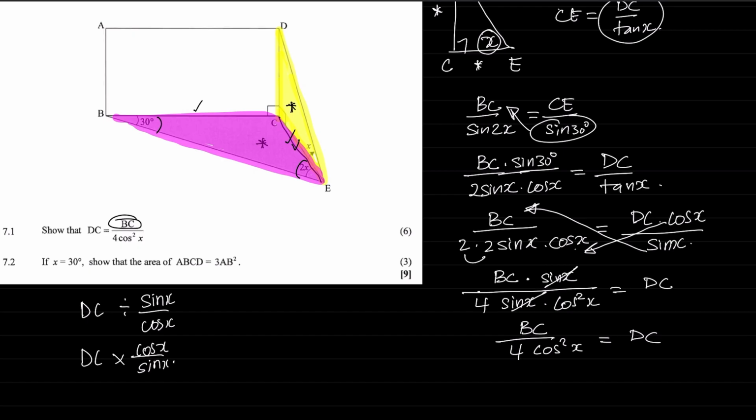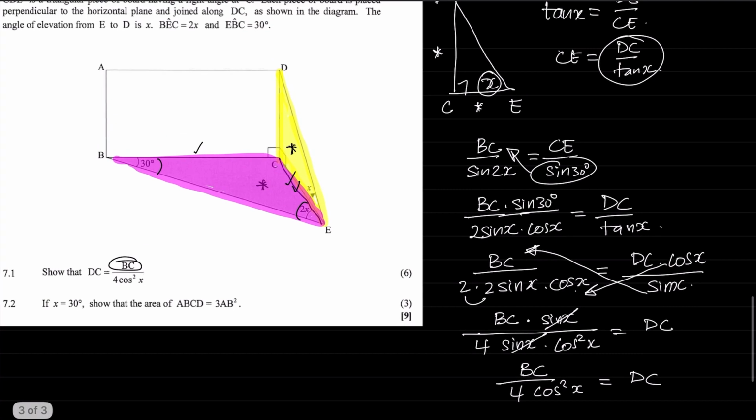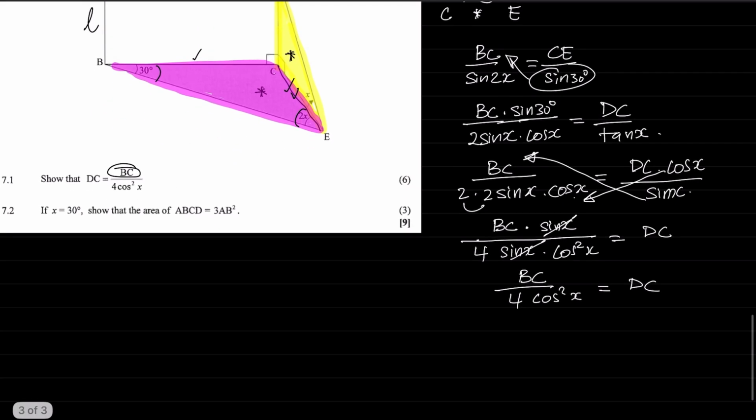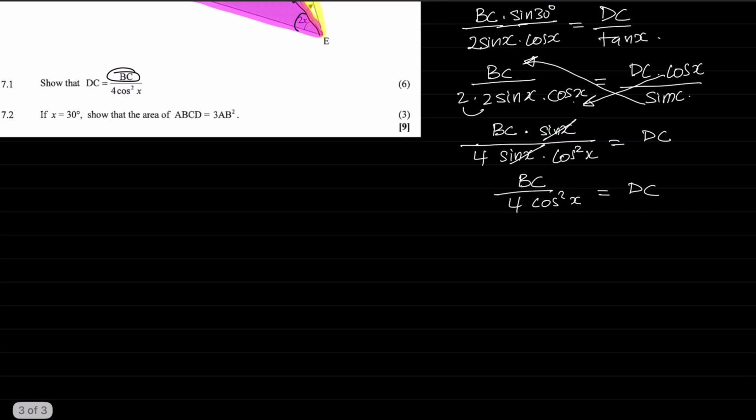Okay, the last question now. If x is equal to 30 degrees, show that the area is equal to that. So the area of this shape, okay. So the area of this rectangle, we can work out the area of the rectangle. That's going to be length times breadth. Okay, so we can say AB times BC. So area is equal to AB times BC.